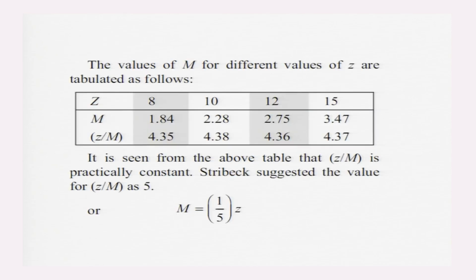The values of m for different values of Z are tabulated as follows. For Z equal to 8, 10, 12, 15, m is equal to 1.84, 2.28, 2.75, 3.45, and so Z divided by m will be this one.